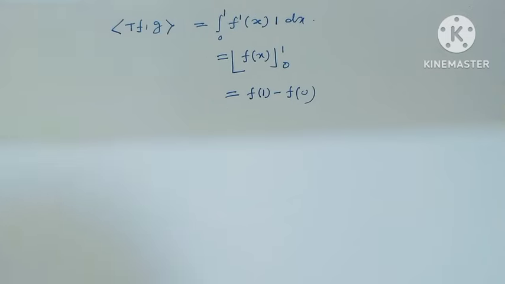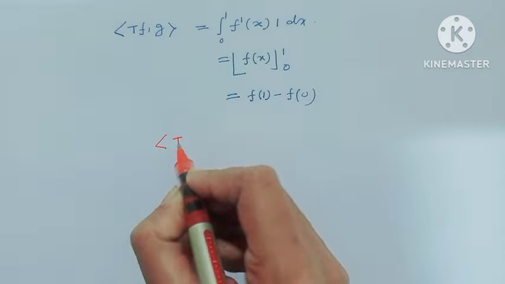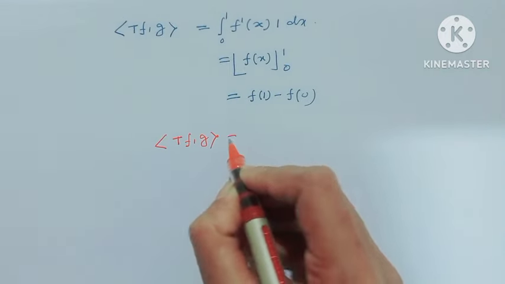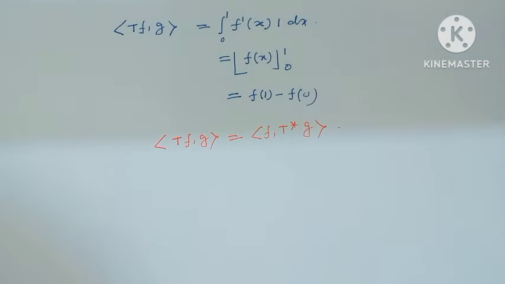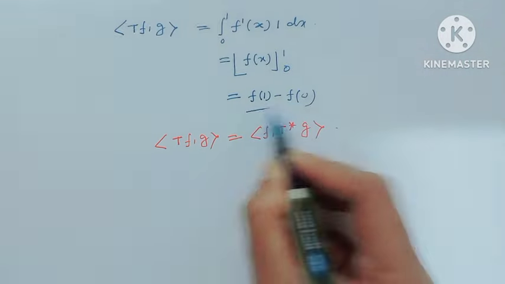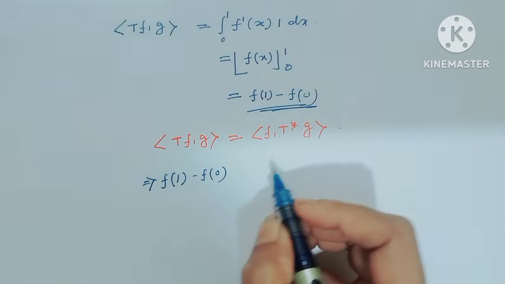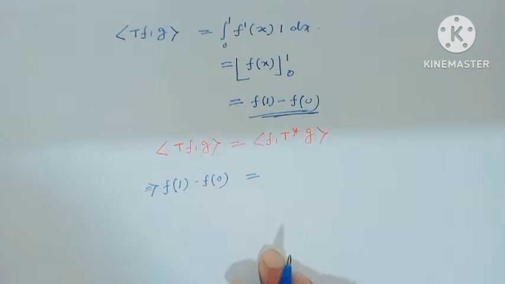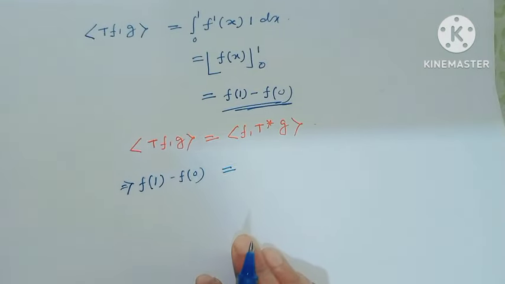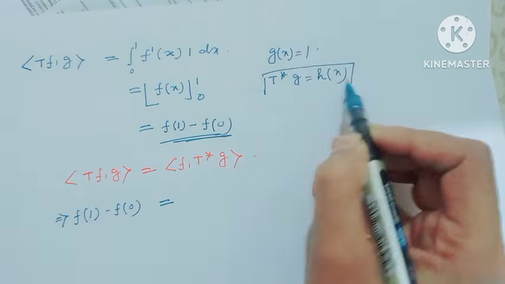To find the adjoint, we have to prove that the inner product of Tf with g is equal to the inner product of f with T star g. Here I have got f of 1 minus f of 0, and this is equal to the following, since I have considered g(x) equal to 1 and T star g equal to h(x).